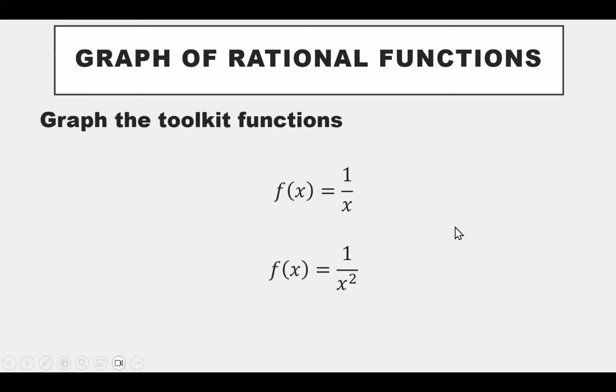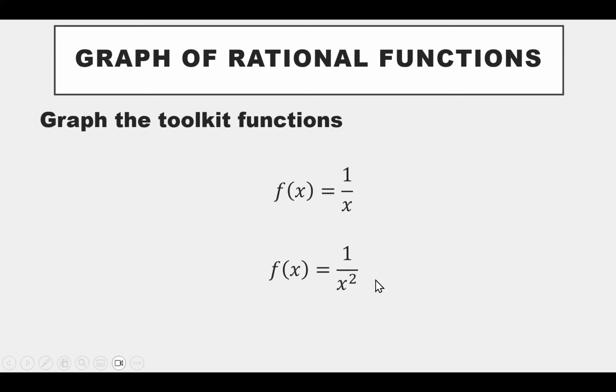Let's take a look at our two toolkit functions that we've seen. f of x is equal to 1 over x, and f of x is equal to 1 over x squared. Both of these are rational functions because 1 is a polynomial and x is a polynomial. x squared is also a polynomial.